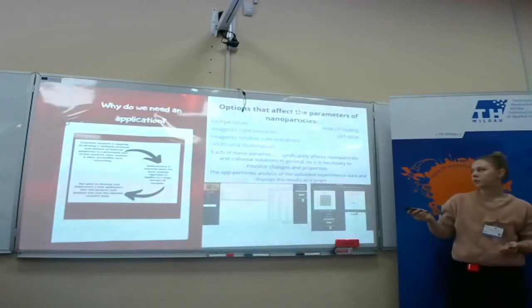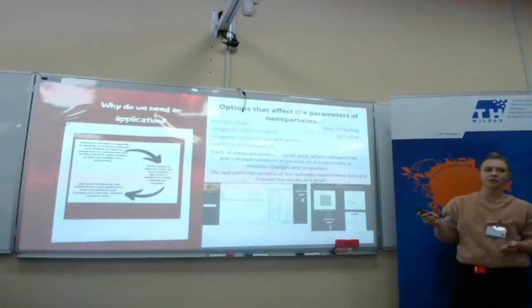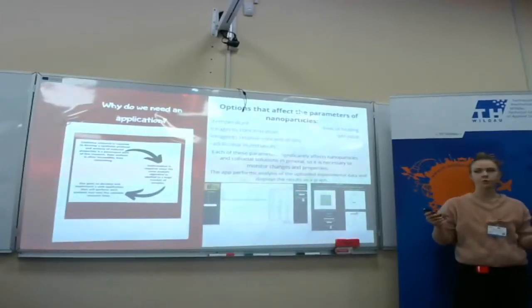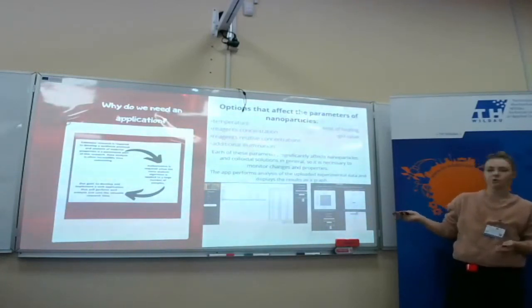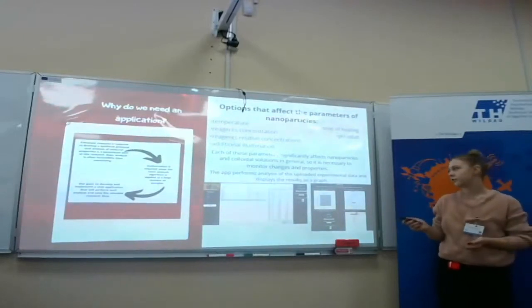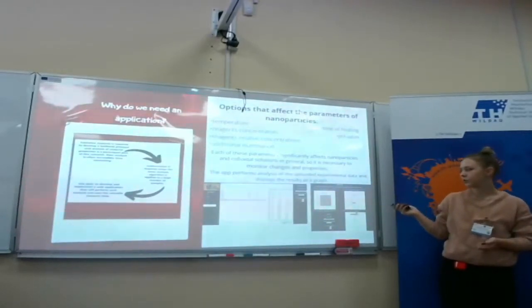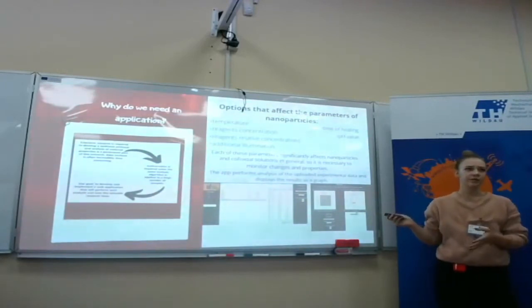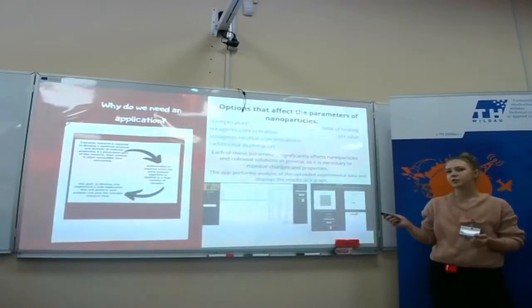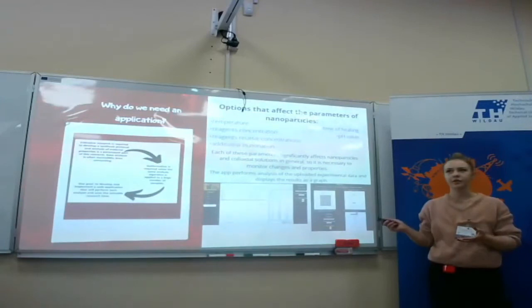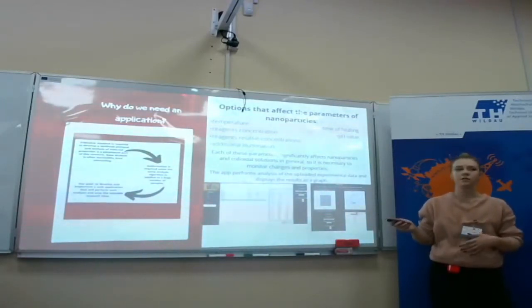Our app performs analysis of the uploaded experimental data, for example an Excel file, and displays the results as a graph that you can see in the pictures below. For example, these pictures show characteristics of argentum nanoparticles, which were obtained by dynamic light scattering and measured by Zetasizer Nano.